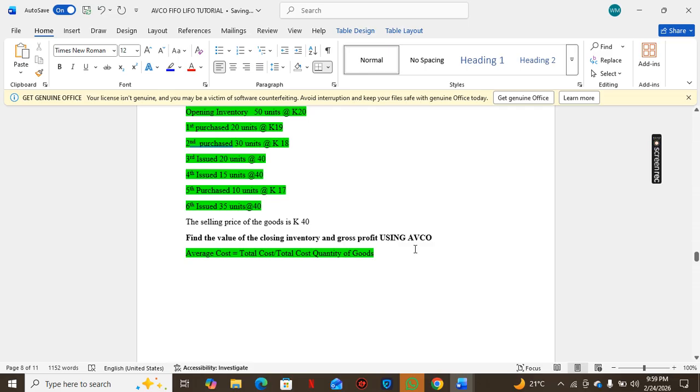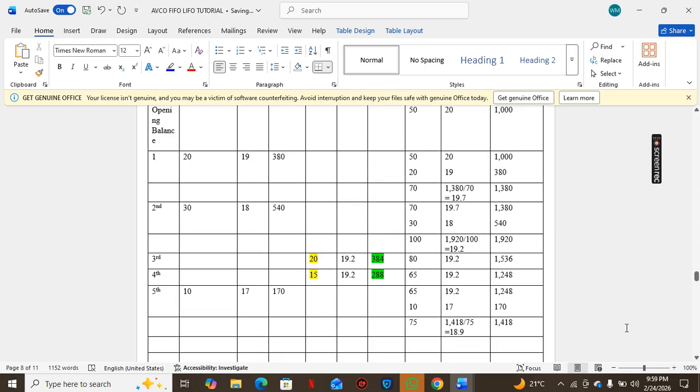Then finally, issued 35 units at 40 kwacha. We are valuing it at cost, 18.9. 35 times 18.9, 661.5.